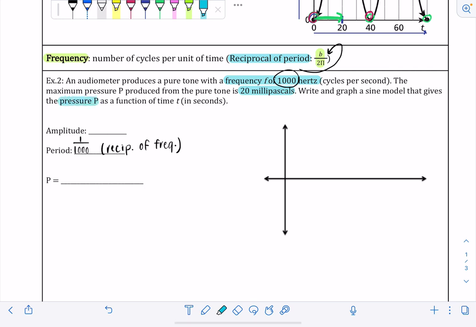So we know if it's sine, it's going to be going up, down, up, down. It's showing how high the pressure is going up and down as time moves forward. That's what that swirly shape is going to create. So if our pressure is 20 millipascals, that's our amplitude. That's how far it's going up, and then how far it's going down from the midline as time goes forward. So our amplitude is 20.